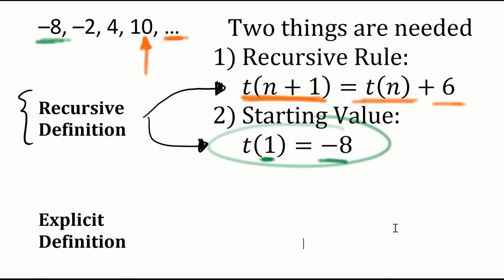So if you remember, this sequence had an explicit definition that was, in order to get anywhere in the sequence, you simply take 6 times the term number that you're looking for, and you subtract 14. This does not need me to give a starting value. I don't need to know the term before or the term after. I just need to know, hey, I want to know the 12th term. I can put it in.